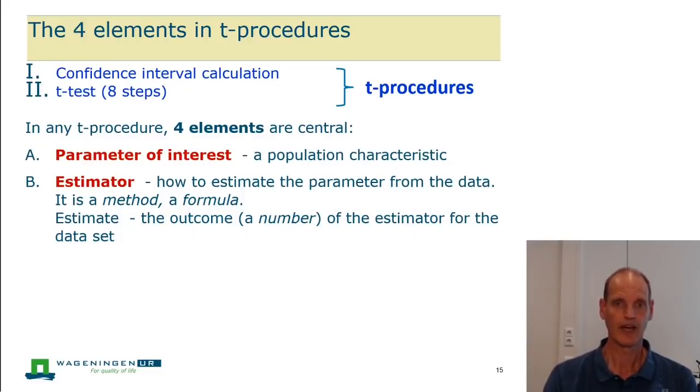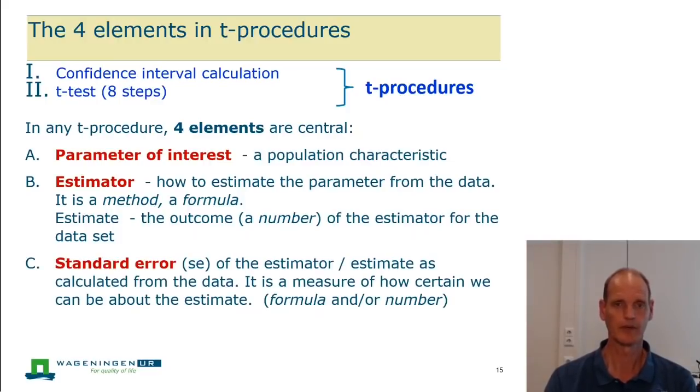The estimate is the outcome of the estimator in this particular data set, and that is a number. So method and formula are contrasted to simply a number. Third is the standard error of the estimator, or the standard error of the estimate as calculated from the data. It's a measure of how certain we can be about the estimate. And this also comes as a formula and as a number.